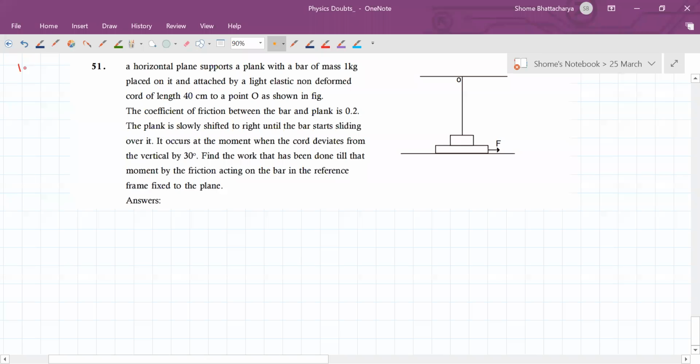So this is from exercise 5 module. Okay, so this is an elastic cord.